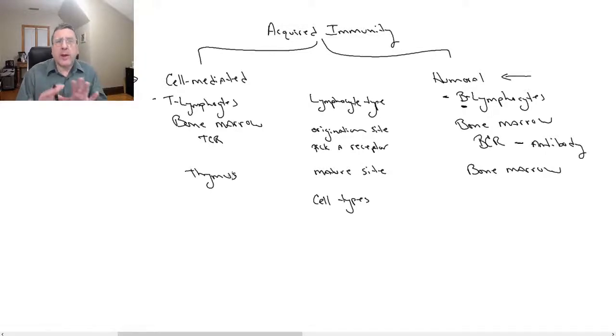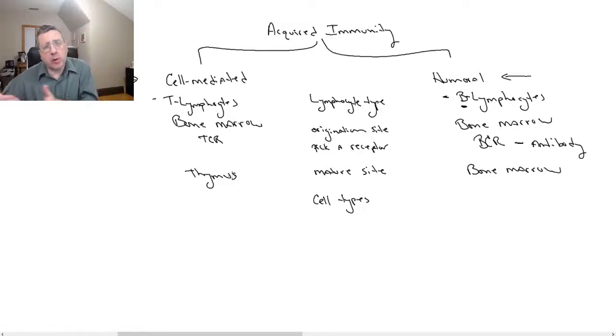Again, right now, this is just a general overview. In other videos, we're going to go into specifics as to when the T cell or B cell actually differentiates into these following cell types. So just know that the T lymphocytes ultimately will end up being a number of different cells.